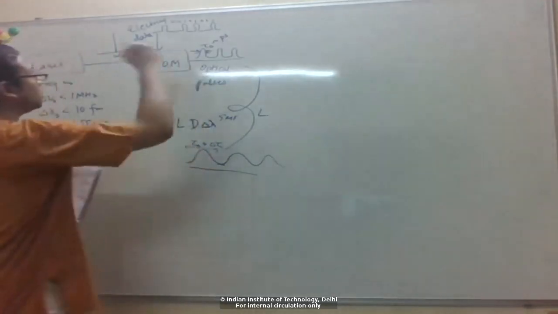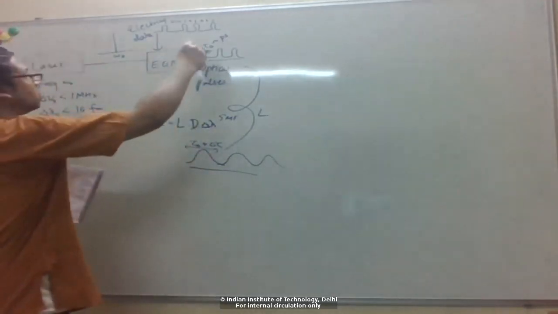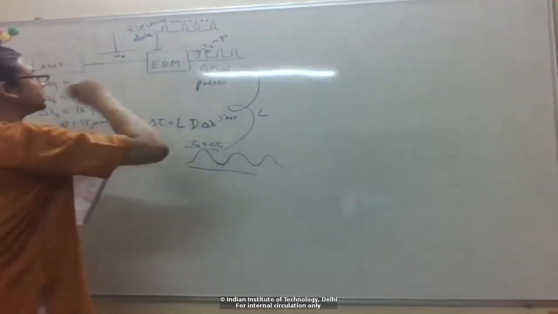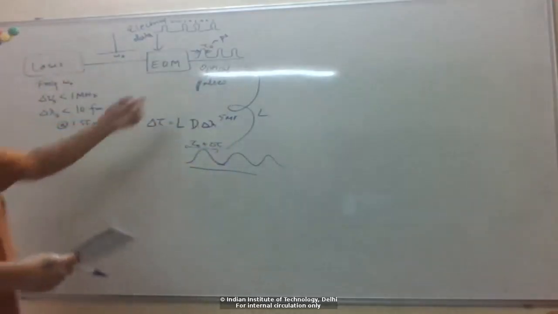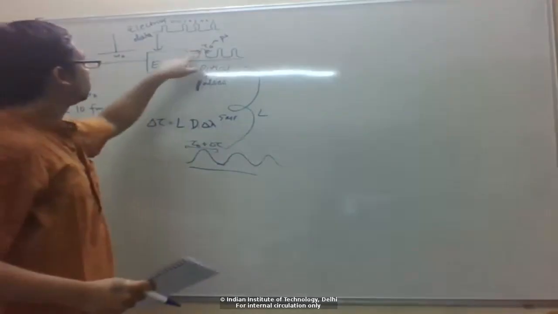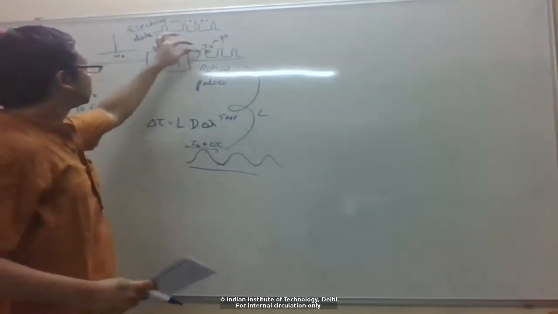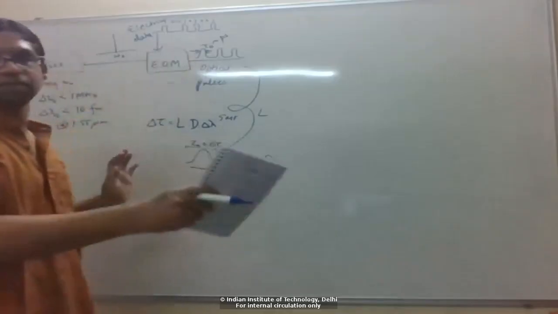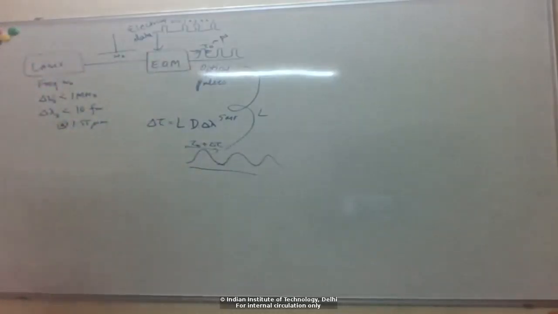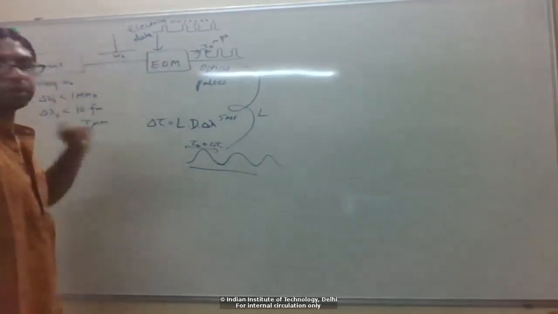As we discussed briefly, once you have pulses here, just from Fourier transform relations, because you now have a finite temporal duration waveform, its spectrum will have a finite set of frequencies, although you started from a laser which had a single frequency.